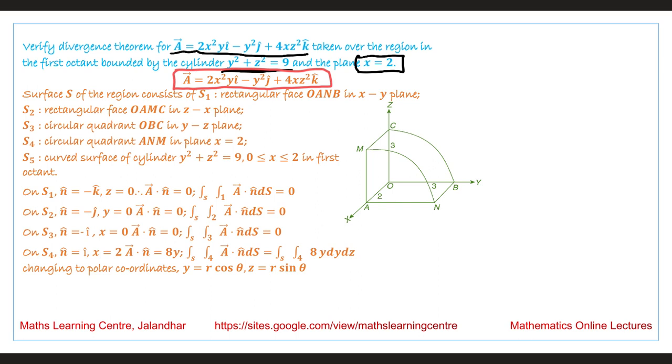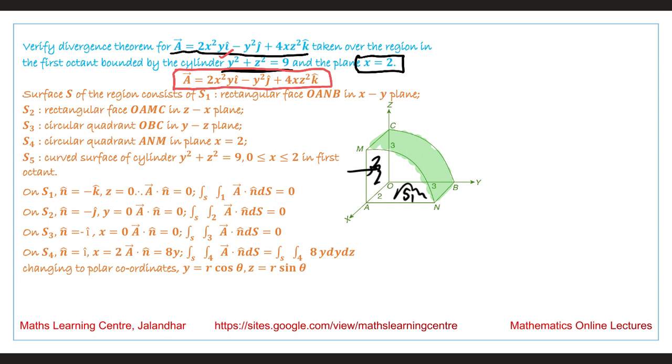And we are talking about the first octant bounded by the cylinder y square plus z square. So in the first octant, the cylinder will look something like this. This is the boundary of the cylinder and it is bounded by the planes on all other sides. So S1 is the rectangular face on the xy plane. Then S2 will be on the xz plane.